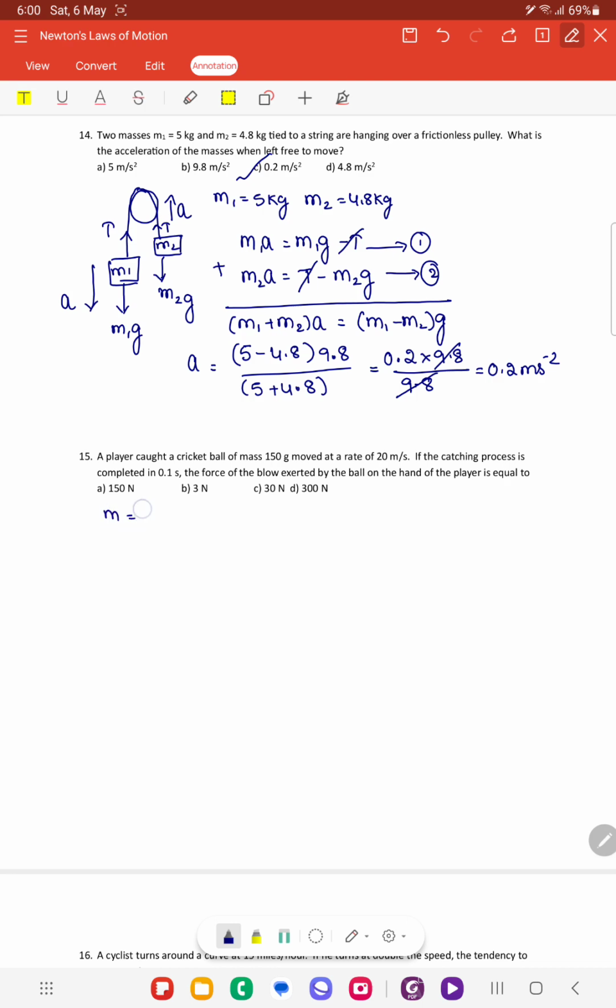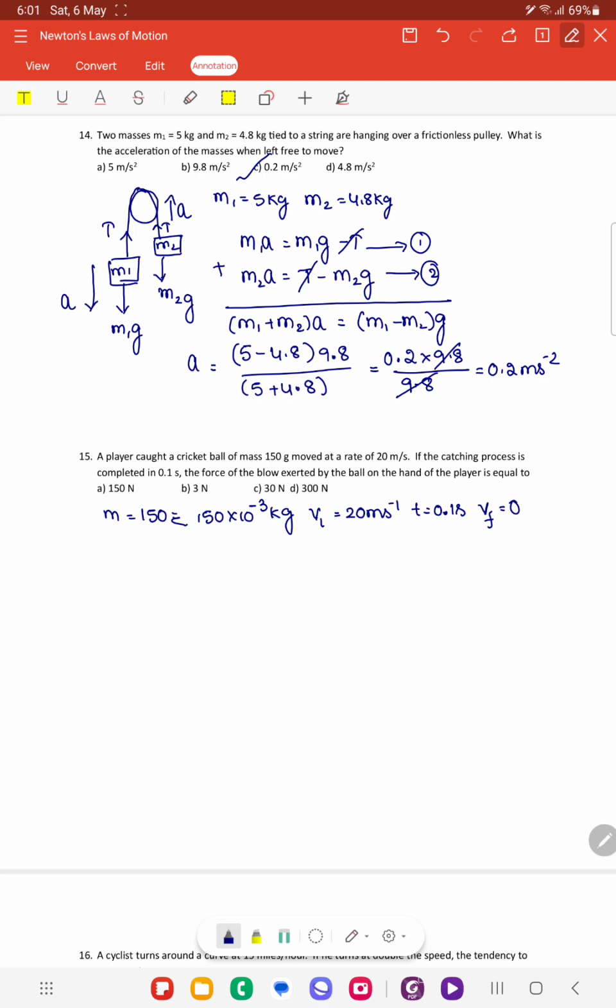So mass of the ball is 150 gram, that is 150 into 10 raised to minus 3 kg, and its initial velocity is vi, we can consider it as 20 meter per second, and the catching process is completed in 0.1 second. So when he catches the ball, the final velocity is equal to 0, it comes to rest.